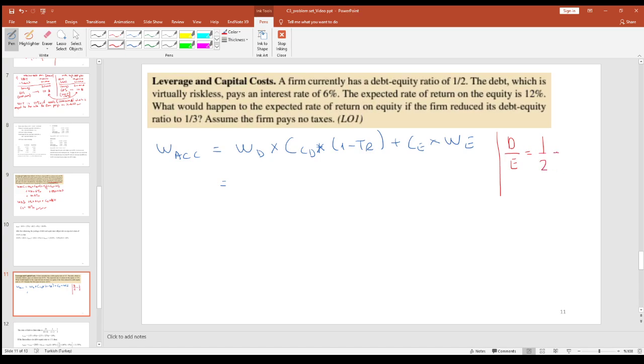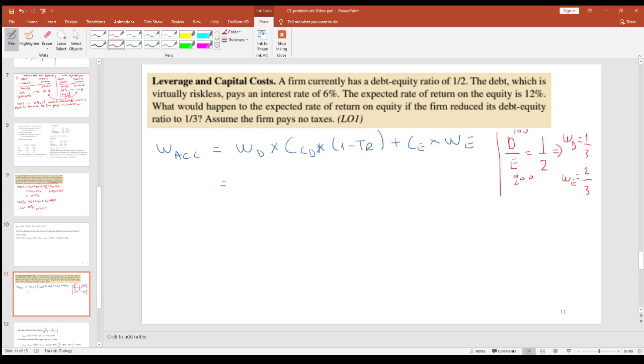So in this situation, that means weight of debt is equal to 1/3 and weight of equity is equal to 2/3. Well, to prove this, just plug 100 here and 200 here. So in this case, 100 divided by 200 will be equal to 1/2.